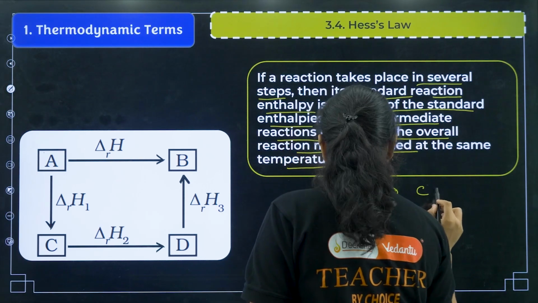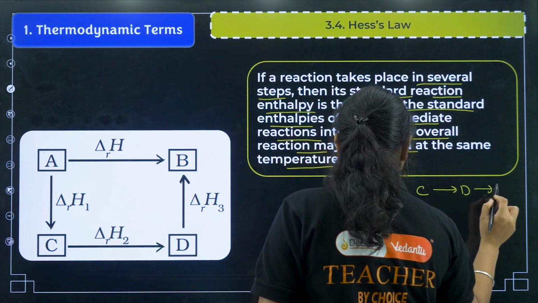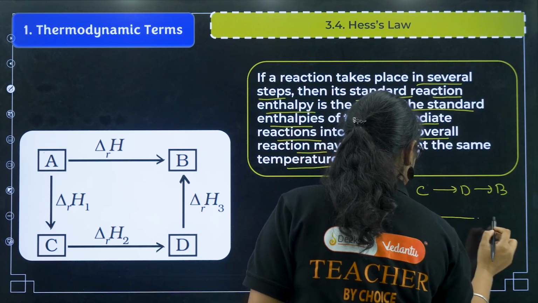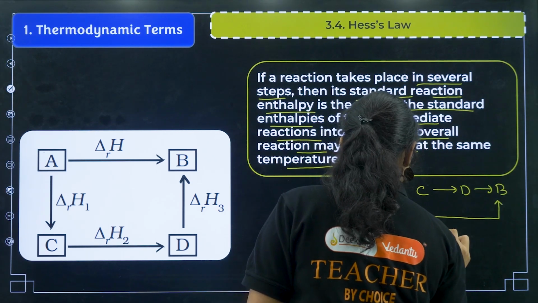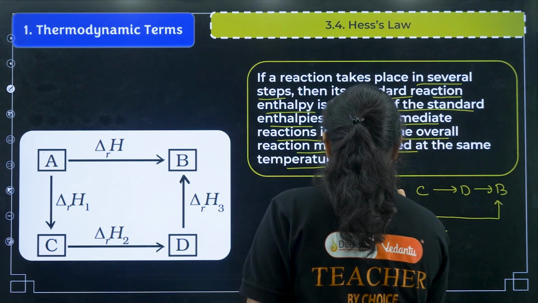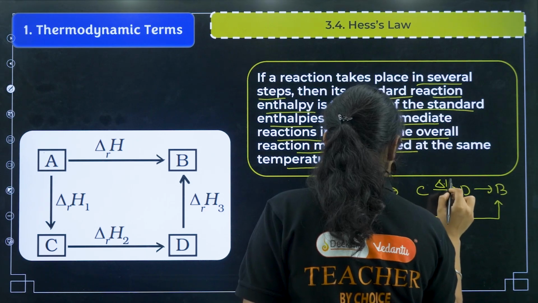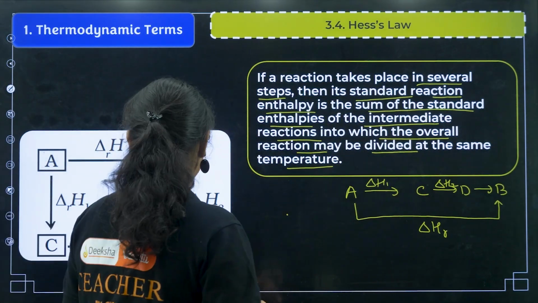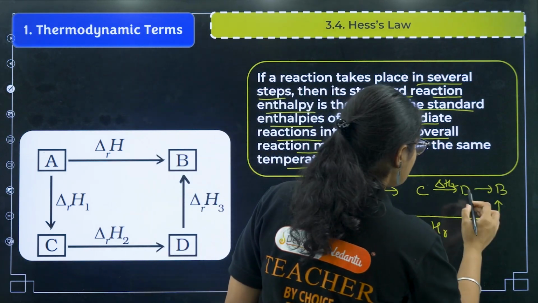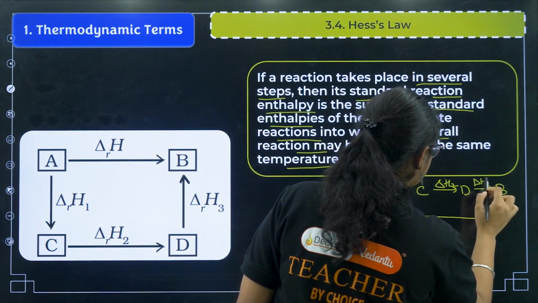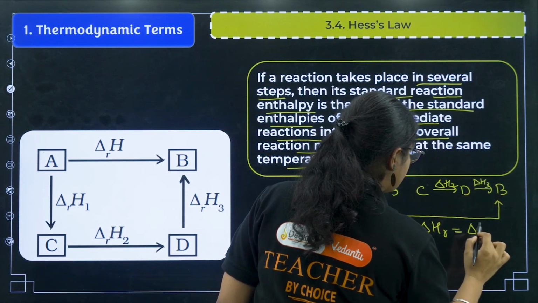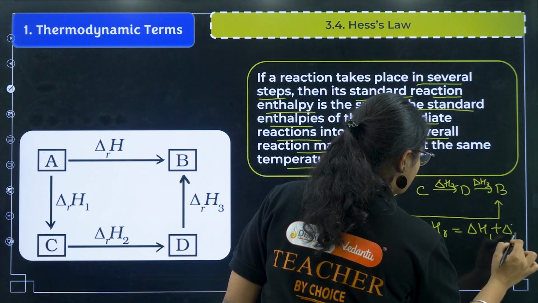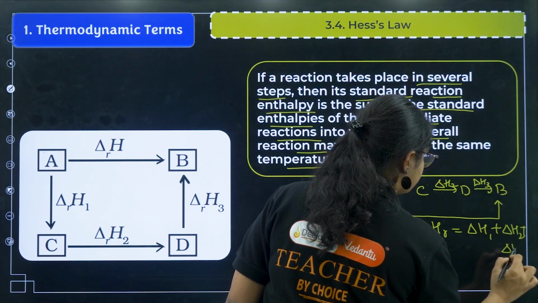First it converts to C, then C converts to D, then it converts to B. This A to B is your enthalpy of reaction. This one is suppose H1 and this one is suppose H2. Okay, H1 and H2 suppose. Then I can say that, and this one is H3. Okay, then we can say that the delta HR is equal to H1 plus H2 plus H3.